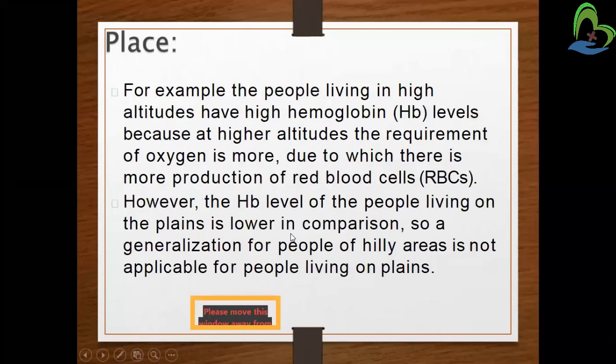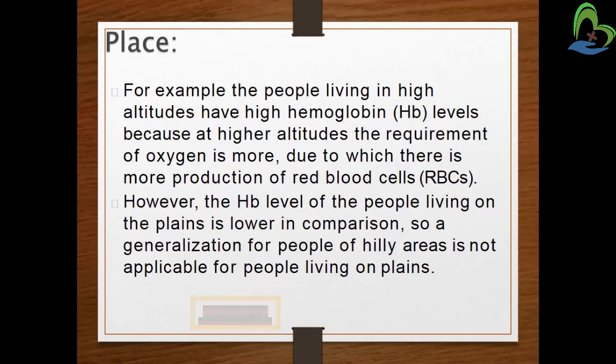Next, place. Regarding place, a very good example is people who are staying at heights, on altitudes: their hemoglobin levels will be high. It is not because it is very good, but because they are living at altitudes, there will be more requirement of oxygen, and due to that our body will struggle to create more RBCs so we can get enough oxygen supply.